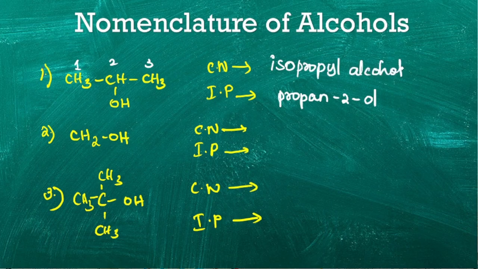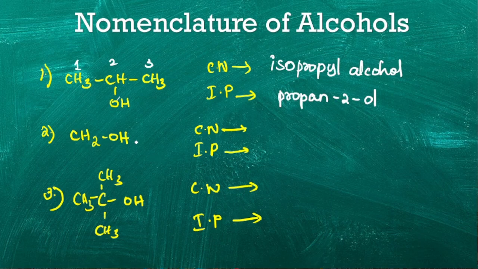Whenever you have propane, you can have isobutyl alcohol also, but at the top, propane will be there. To the second position of the propane, any number of groups can be attached. So based on that, you have isopropyl, isobutyl, isopentyl also. So, isopropyl alcohol or propan-2-ol.